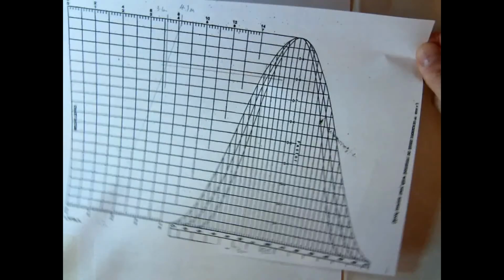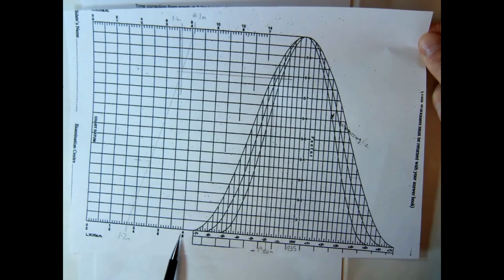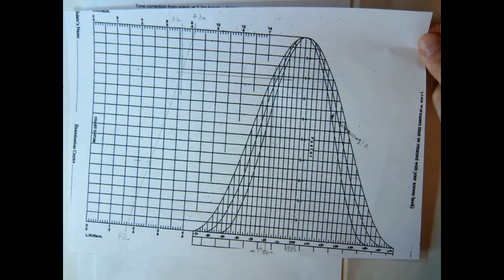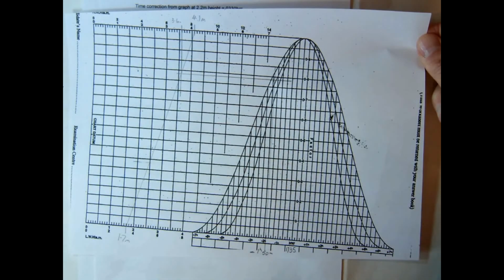And of course this time we're going to use the left hand side of the graph because we're going from low towards high water. And we interpolate visually again, we find the difference is 1 hour 50. So the latest time on the following flood tide will be the 1735 minus 1 hour 50, 15:45 hours on the 20th of August.